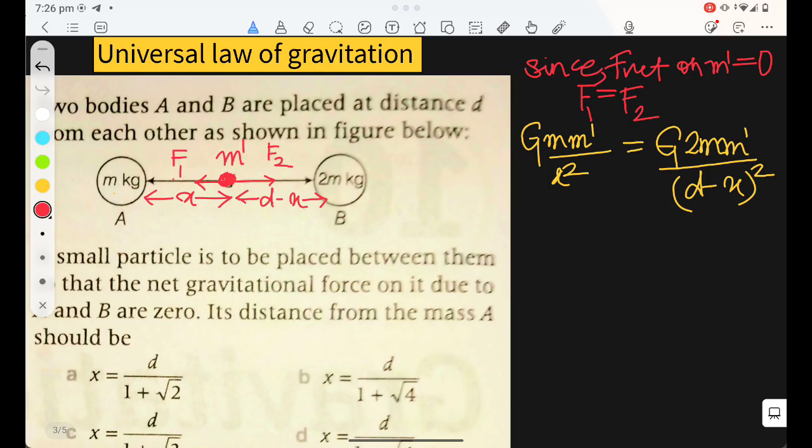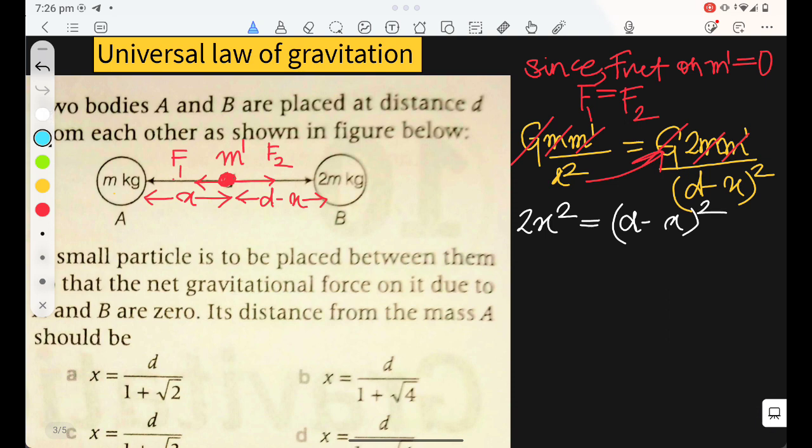Now cancelling these, G will cancel this G, m will cancel this m, m dash will cancel this m dash. Transposing, we are left with 2x square equal to d minus x whole square.